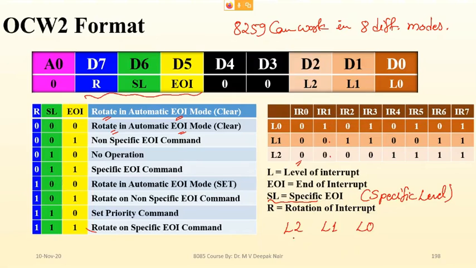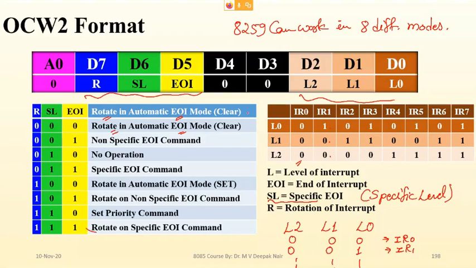So if it is 000, you are talking about IR0. 001 means IR1, and then you can go up to IR7. So the level of interrupt can be decoded by these 3 bits.